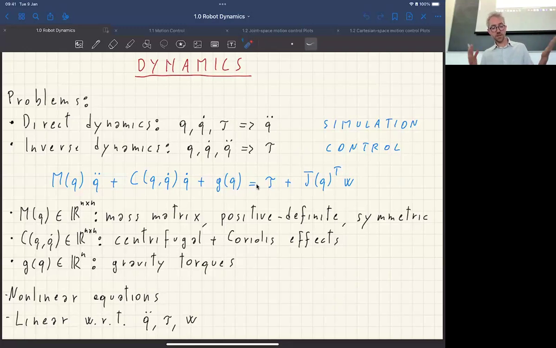So you have seen already a bit how you can control linear systems. This system here is nonlinear. So the classic control techniques coming from linear systems don't really apply directly to this system. What we're going to discuss today is how do you control this specific class of nonlinear systems, which are multi-body dynamics robots.